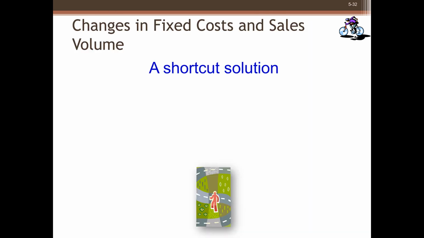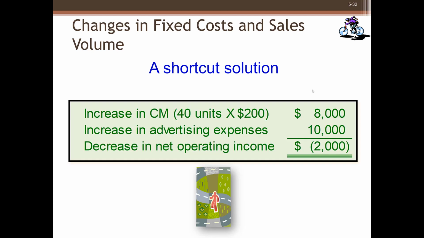And we can also use a shortcut to calculate. Here, we can just calculate the increase in contribution margin using unit contribution margin. Unit contribution margin is 200. We multiply by the increased sales units, 40 units. So we can get an increased contribution margin of 8,000.